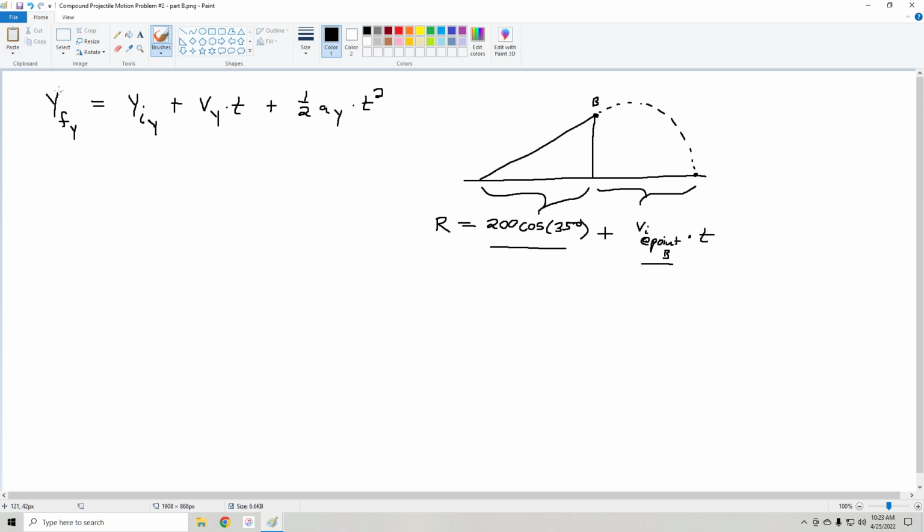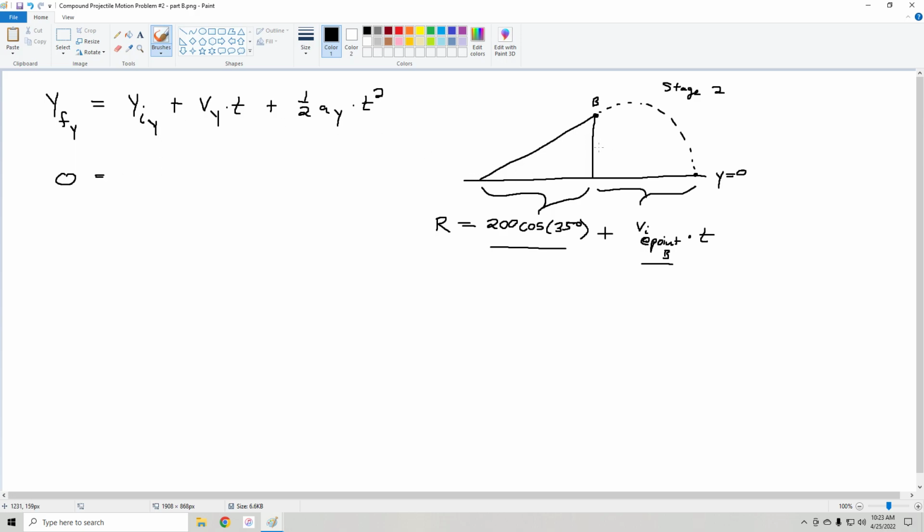And so the final position, using this equation here, in stage 2, the final position is down on the ground. It's down at y is equal to 0. What's the initial position?